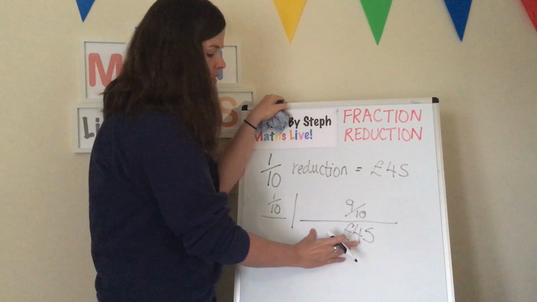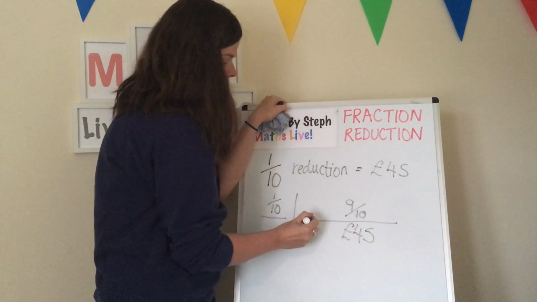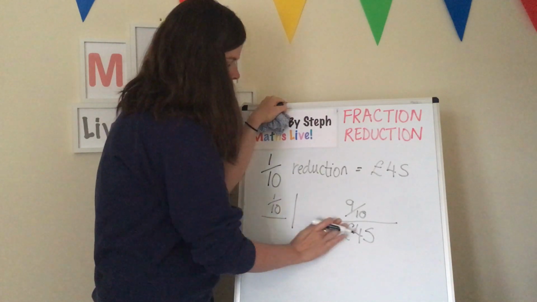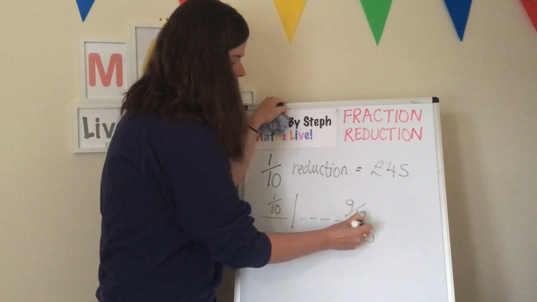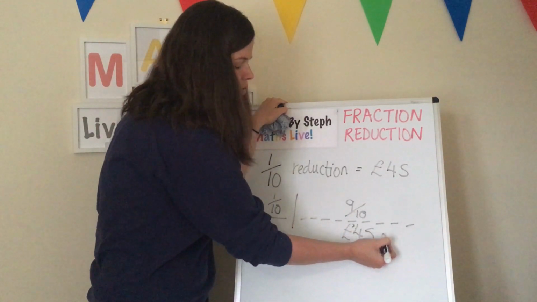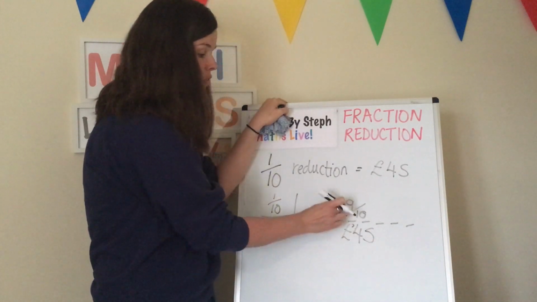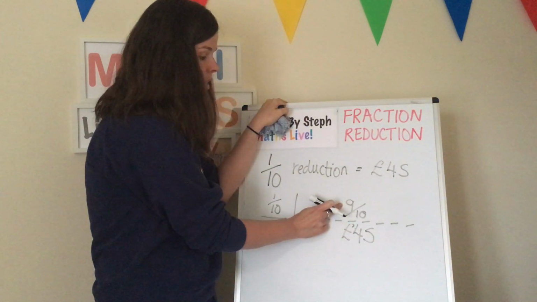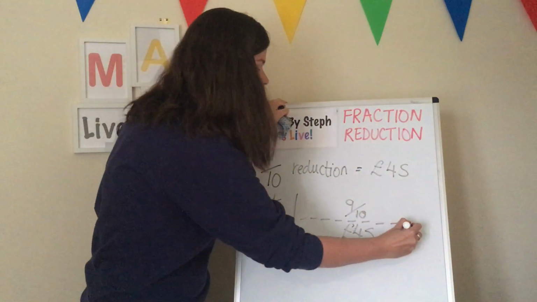So we now need to find out what each of these 9 parts is. So I'm going to make this a bit easier. 1, 2, 3, 4, 5, 6, 7, 8, 9. So how much is in each of these parts? What we now need to do is divide 45 by the numerator, 9. So 45 divided by 9 is 5.